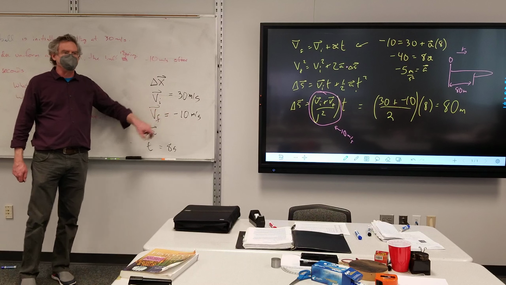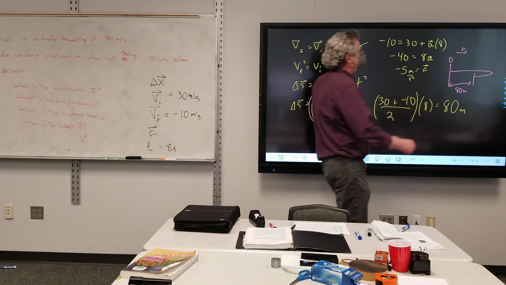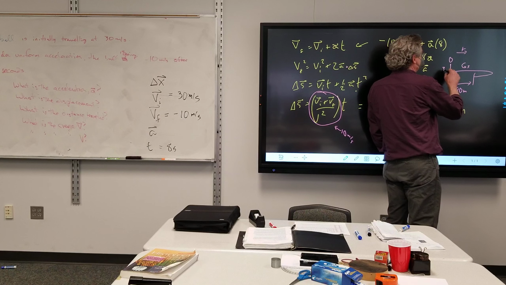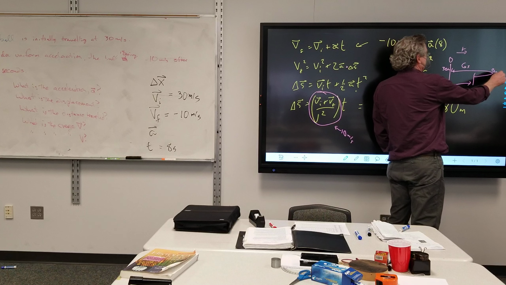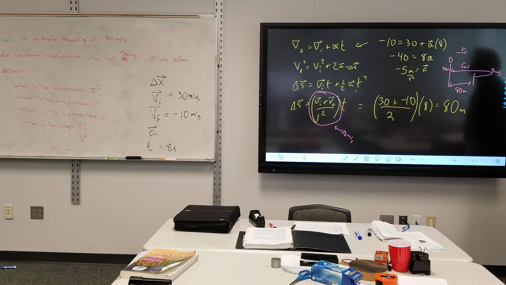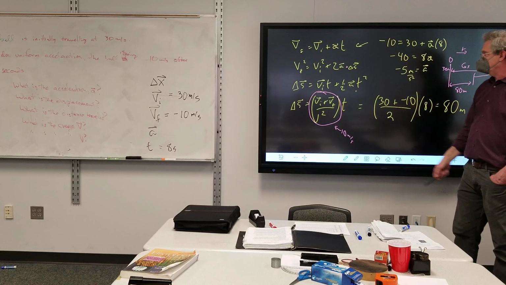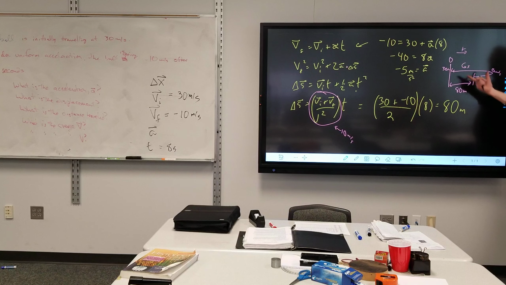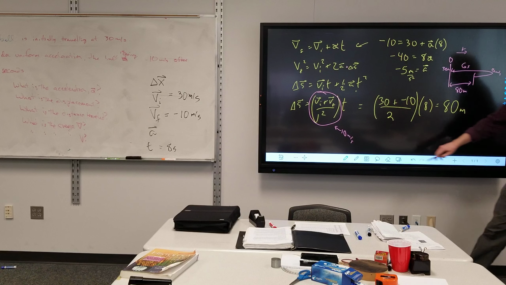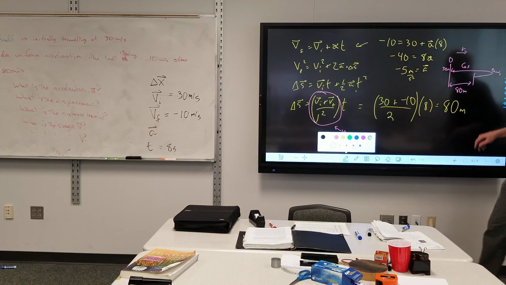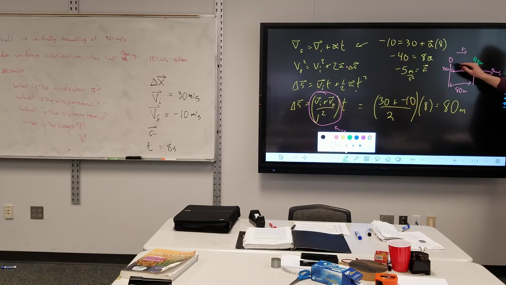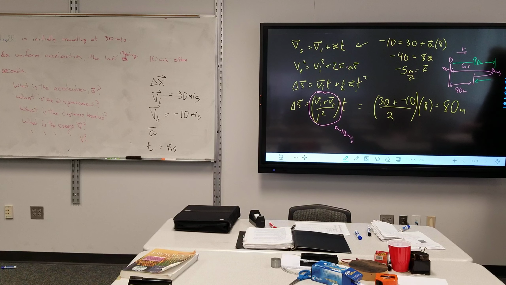After 6 seconds, I'll be at 0. So 6 seconds to go from 30 meters per second to 0 meters per second. I can find my displacement there using the same equation. I get 15 times 6, which is 90. So I traveled 90 meters until I stop, and then how far do I travel back? Because I end up 80 from where I started. So the distance traveled is 100 meters.